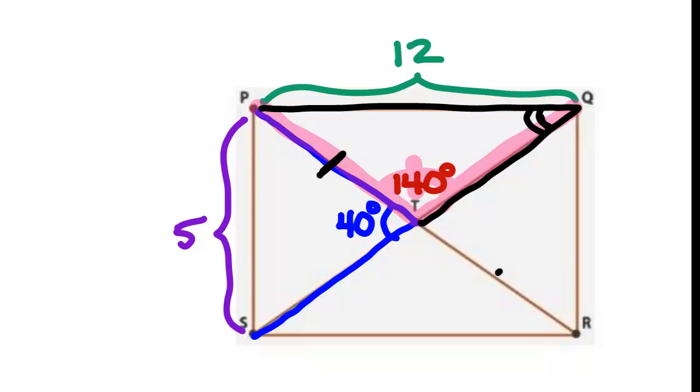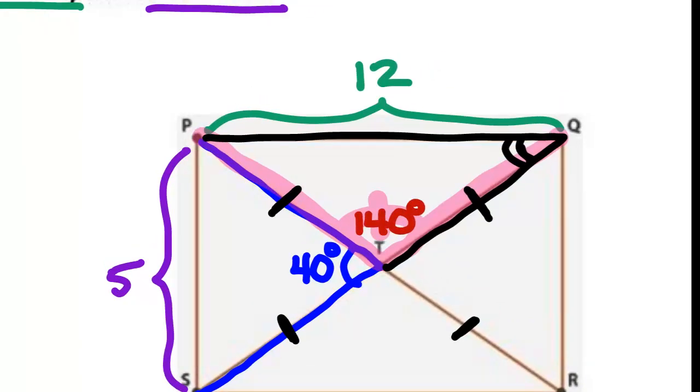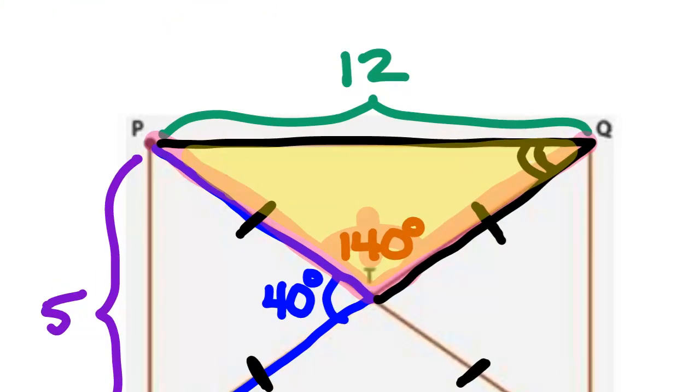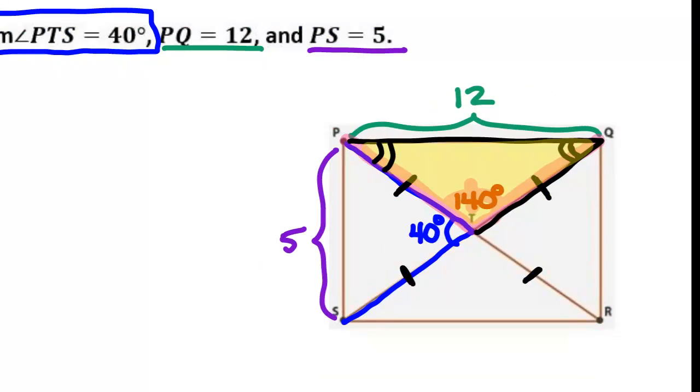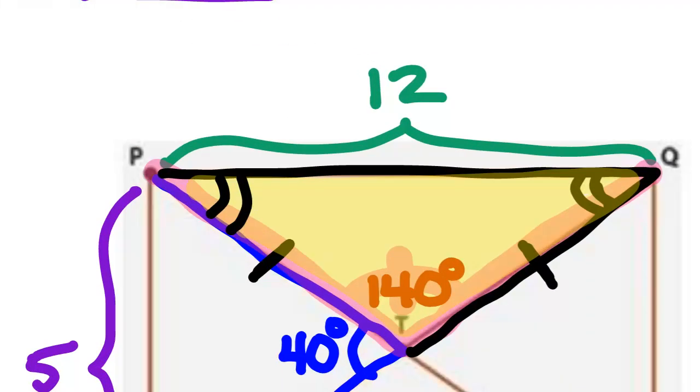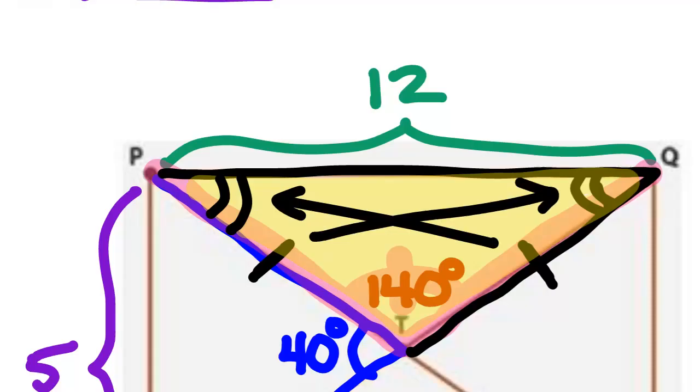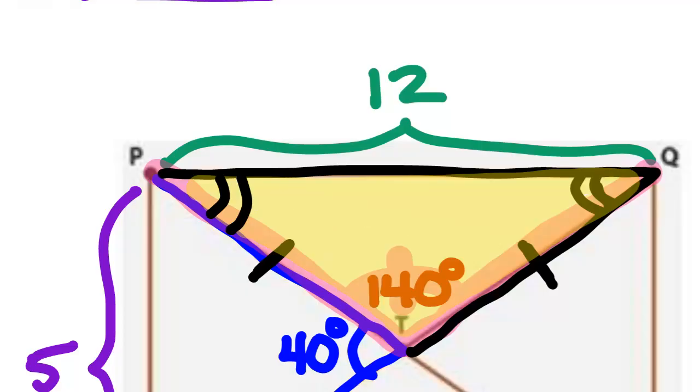So this is congruent to this, and it's also congruent to this, and it's also congruent to this. So if all 4 of those little segments are congruent, what kind of triangle is this? It's an isosceles triangle. An isosceles triangle has two sides that are the same. What's that mean about the angles? Two of them are the same. We have two angles that are the same. My base angles, the angles that are opposite from my congruent sides, those would be my base angles. I know they're up at the top, but they still get called base angles.